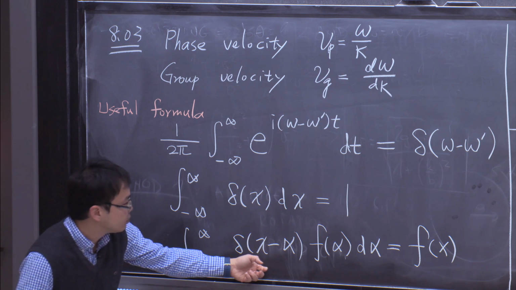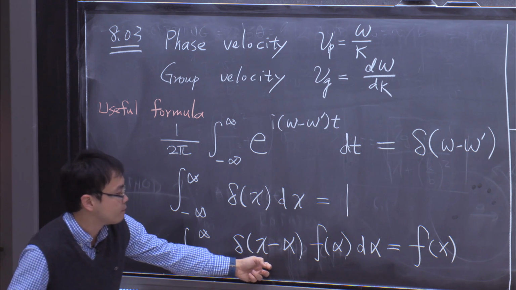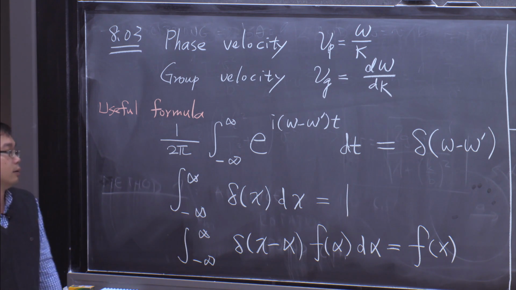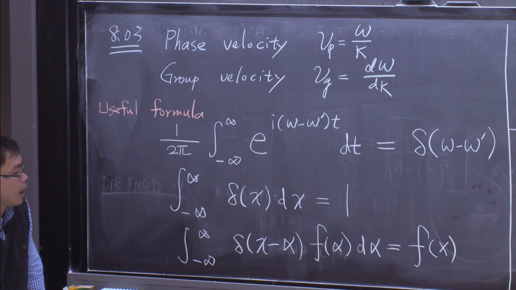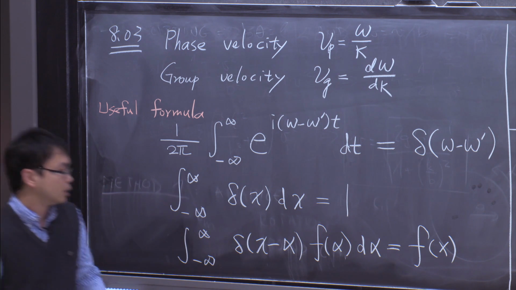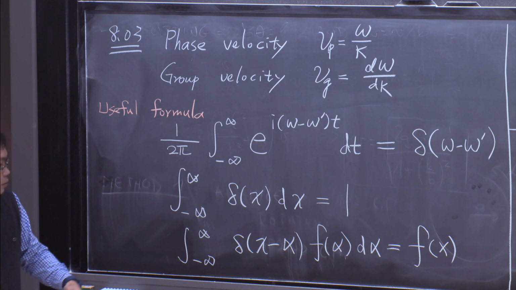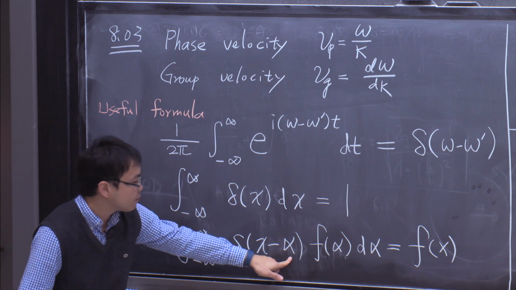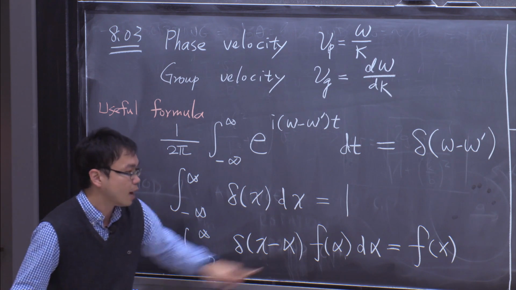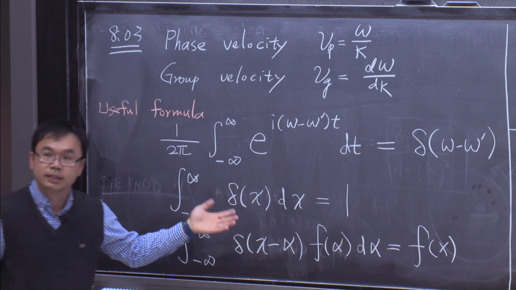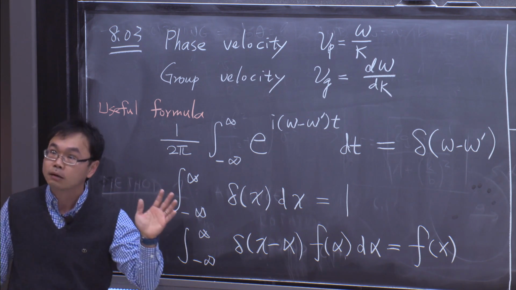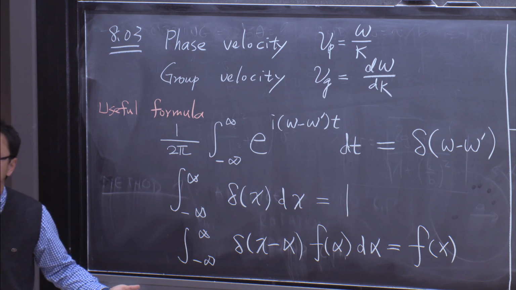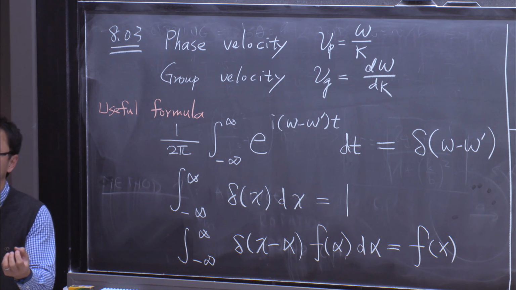If you multiply this delta function by some function f of alpha and integrate over alpha from minus infinity to infinity, that means that when alpha is equal to x, this integration gives you a non-zero result. All the other places, you will get 0, right?